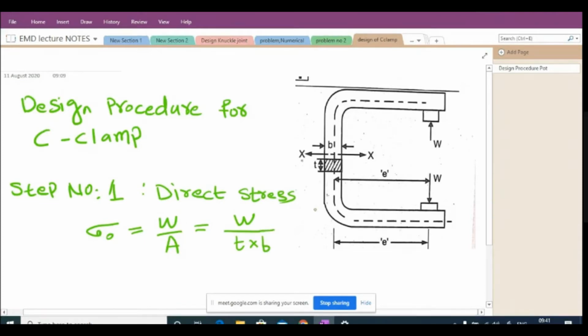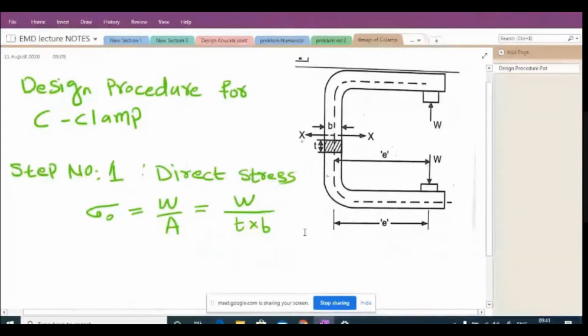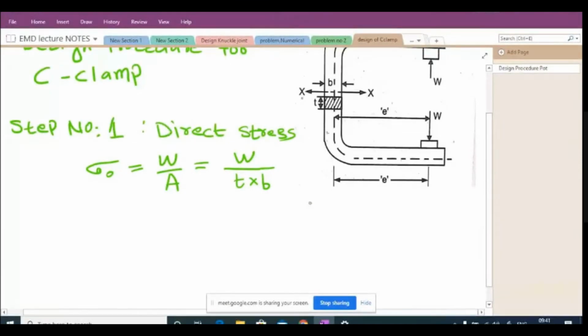And here we are always assuming that B is equal to twice of T. So I'm substituting this in the equation.